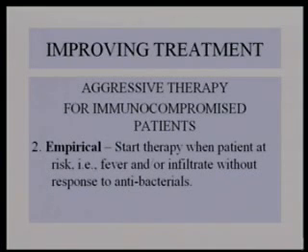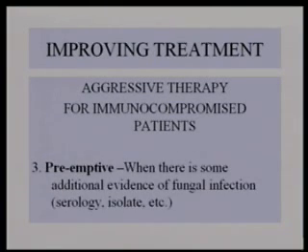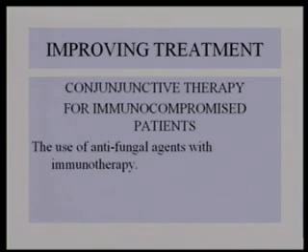Empirical, if the patient has a fever and an infiltrate, say they're post-op or had radiation, cancer, whatever, compromised patients, and they get antibiotics for a couple of days, bingo, the ID people will hit them empirically, and that's reduced infections tremendously. And preemptive is when there's no positive isolation, but you may have serology, or again, the patient fits in one of those categories, and then they start the appropriate therapy.